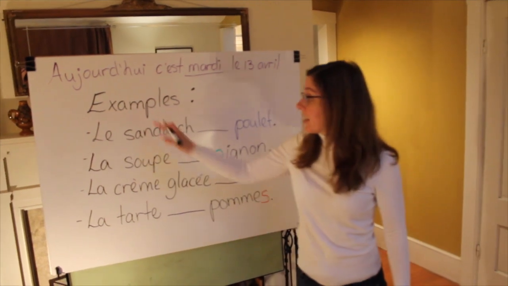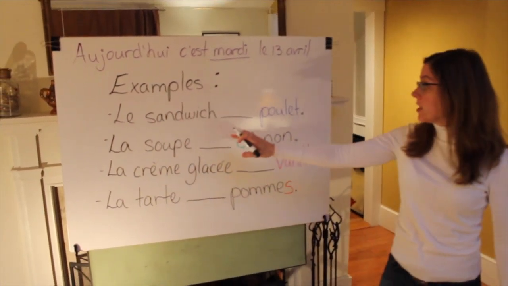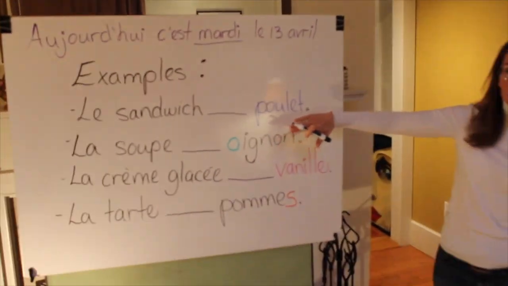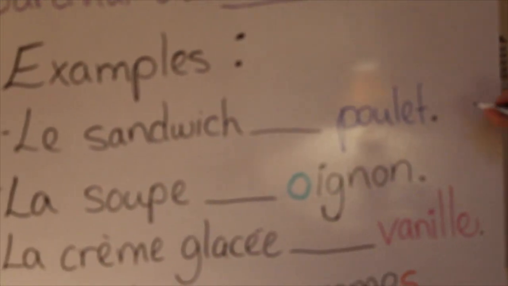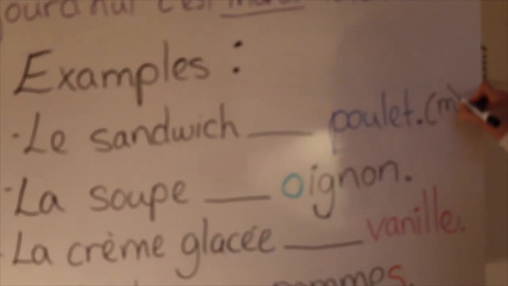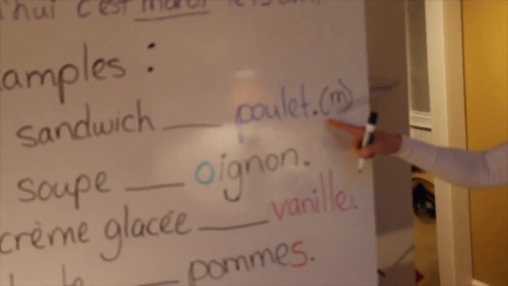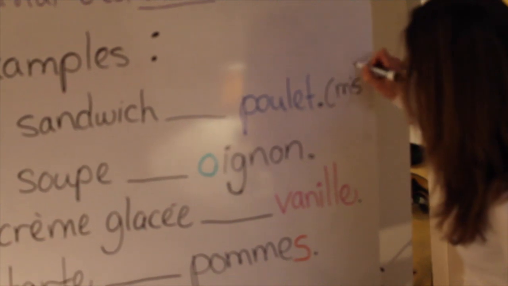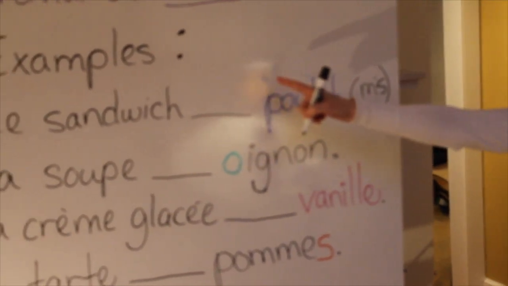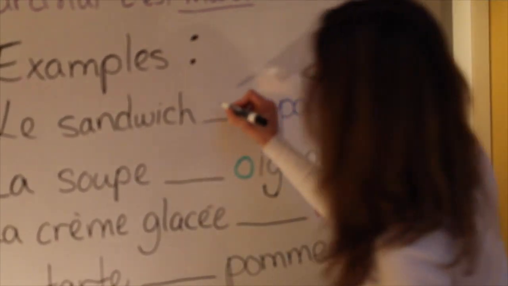Okay, so a couple of examples. Le sandwich, poulet. Now you see that poulet, it's in blue, so poulet is masculine. Do you see an S? No. Masculine, singular. What are we going to be using here? That's right. Au.